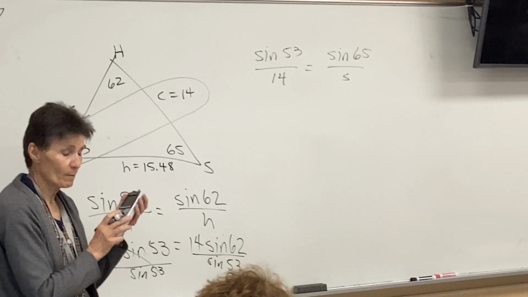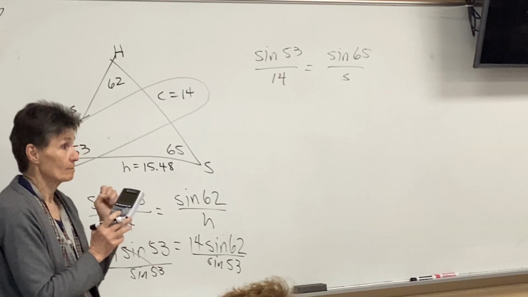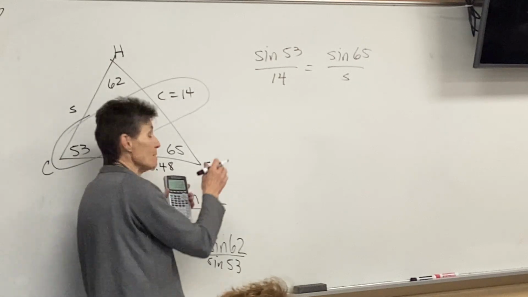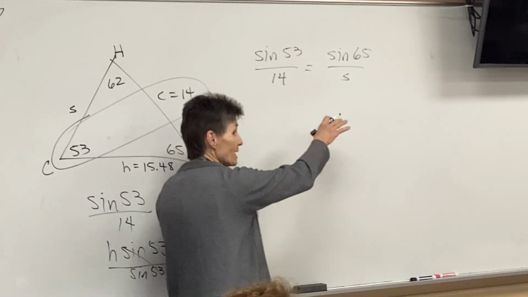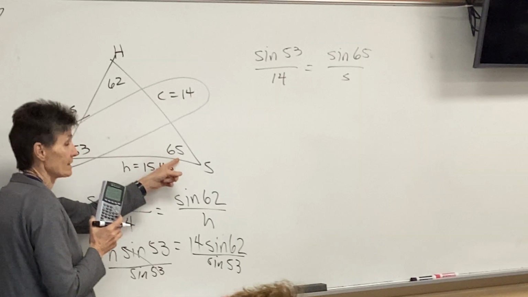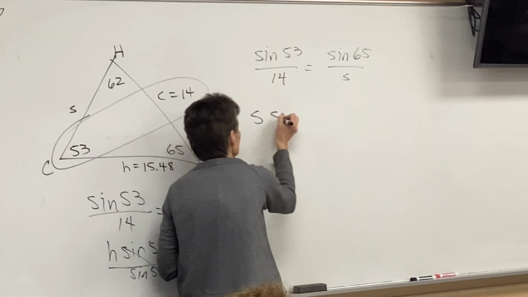That's little h. Remember, little or lowercase letters are sides. That's side h. All right, then we repeat the exact process for side s. So we're using 65. So cross multiply.